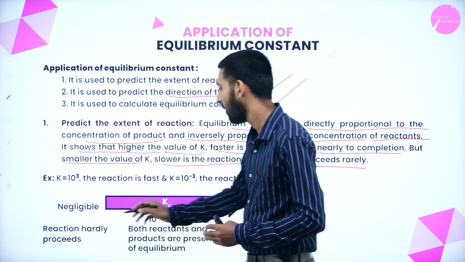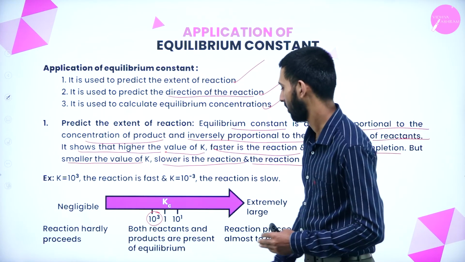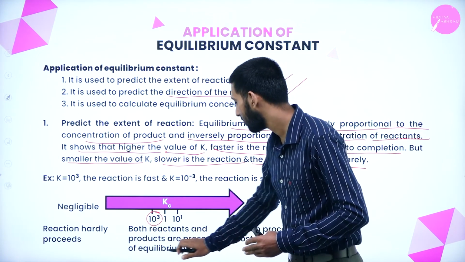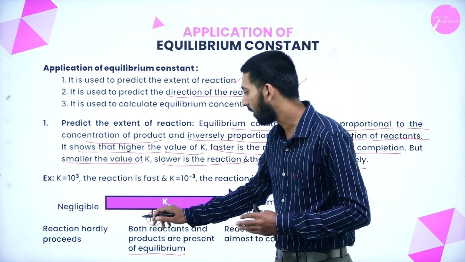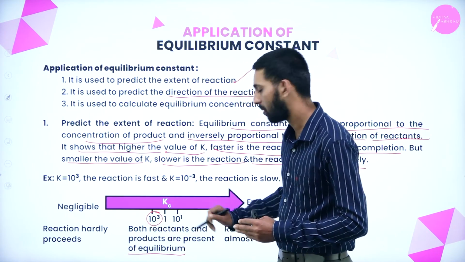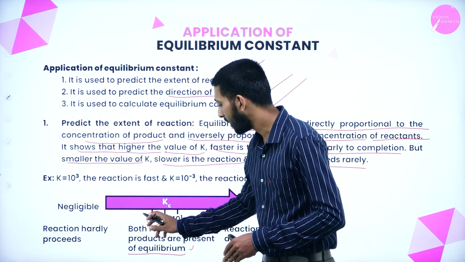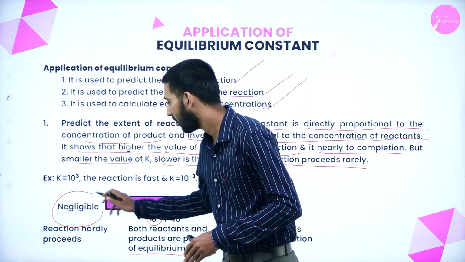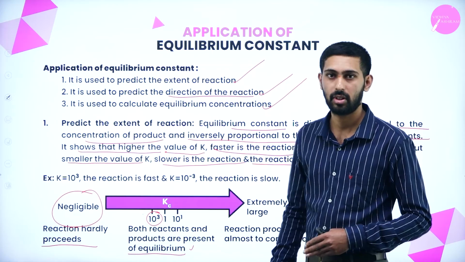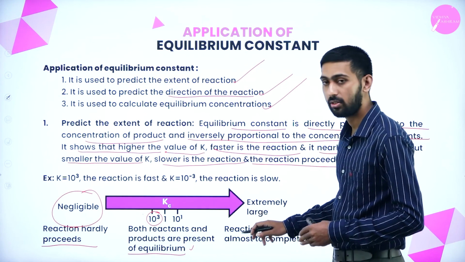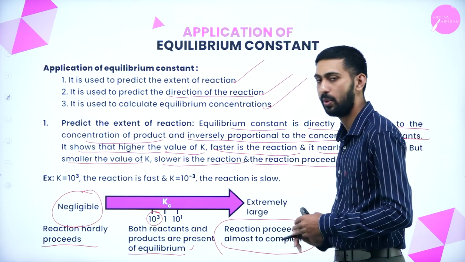Now let us see here. If K is between 10 to the power of 3 and 10 to the power of 1, both reactants and products are present in equilibrium. But if it is less than 10 to the power of 3, the product is negligible and it is very difficult to predict the reaction rate. Next, if your value of K is large, what can we say? The reaction proceeds almost completely.